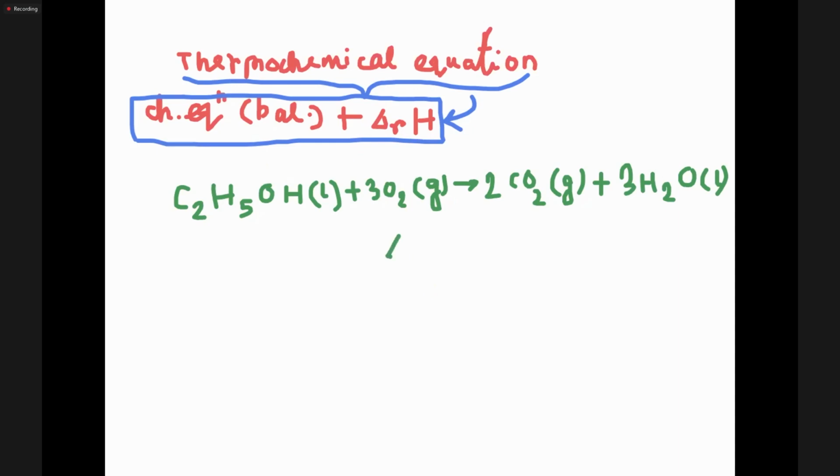In this case, the delta R H value at the standard state is minus 1367 kilojoule per mole.